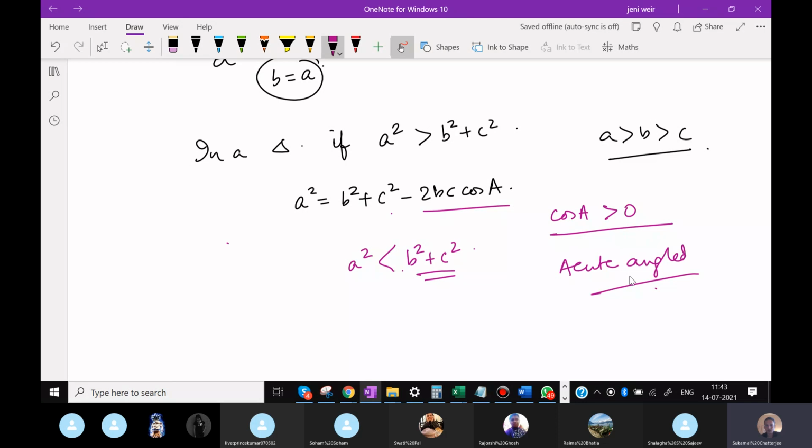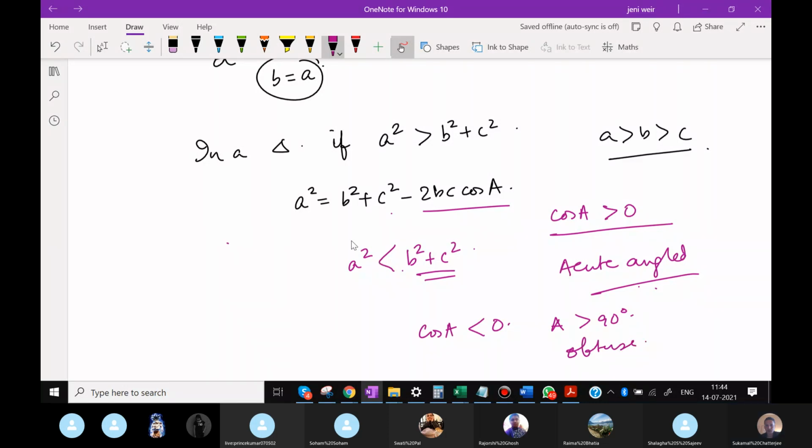That means in an acute angle triangle, the sum of the squares of the two smaller sides is greater than the square of the third side. And if cos A is less than 0, that means A is greater than 90, which means the triangle is obtuse.